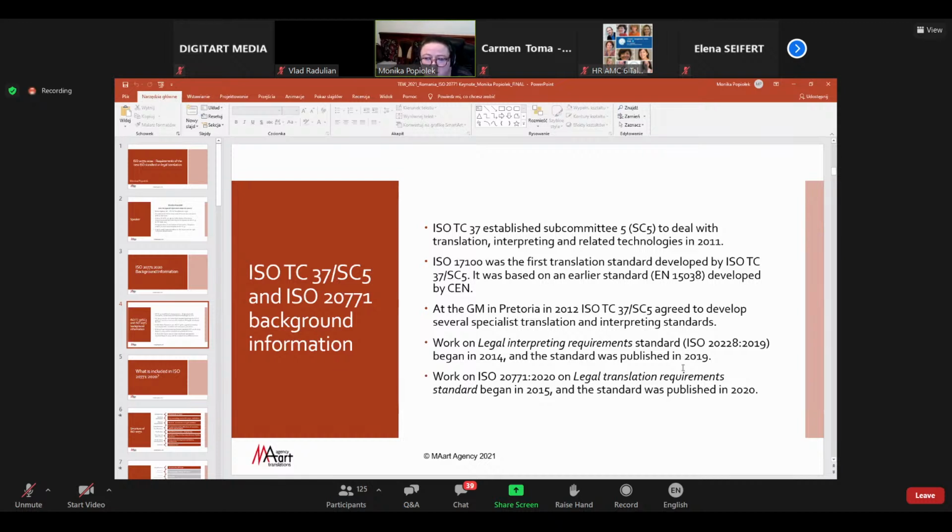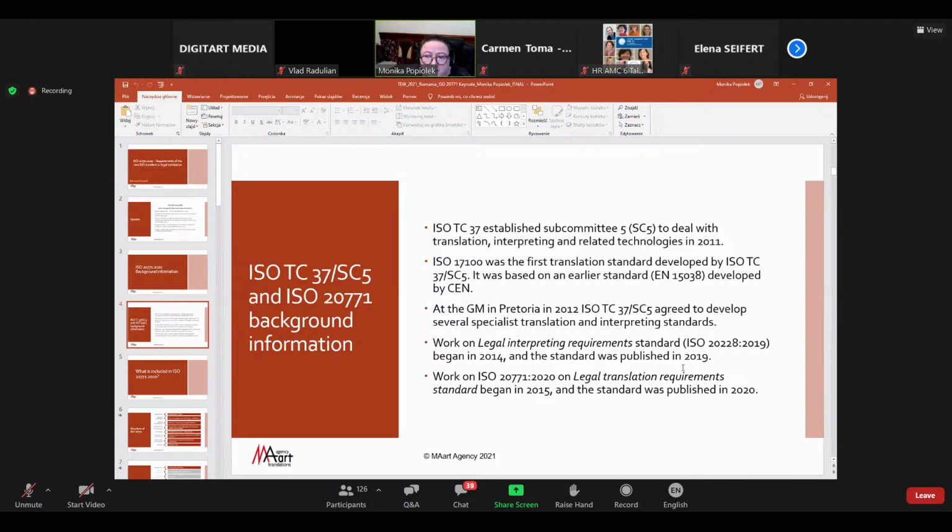On the one hand, it is, because it is legal interpreting requirements. But if you put those standards next to each other, you would see that the legal interpreting requirements standard is much more generic. It's much more focused on the role and function of legal interpreting, rather than focusing on strict requirements.